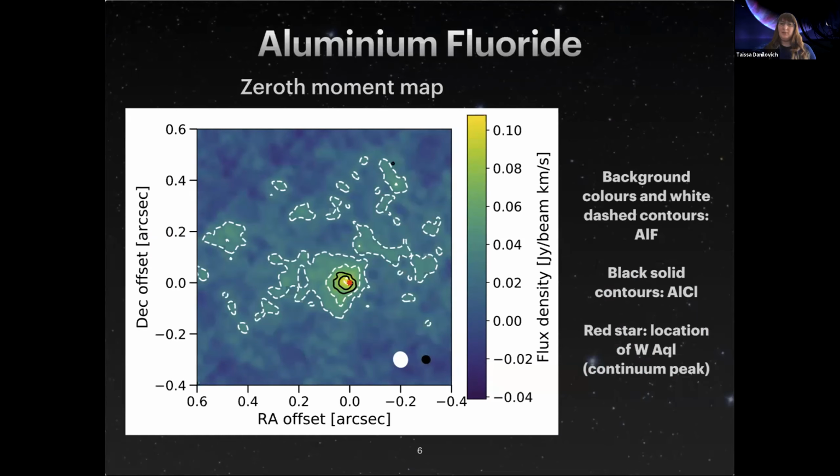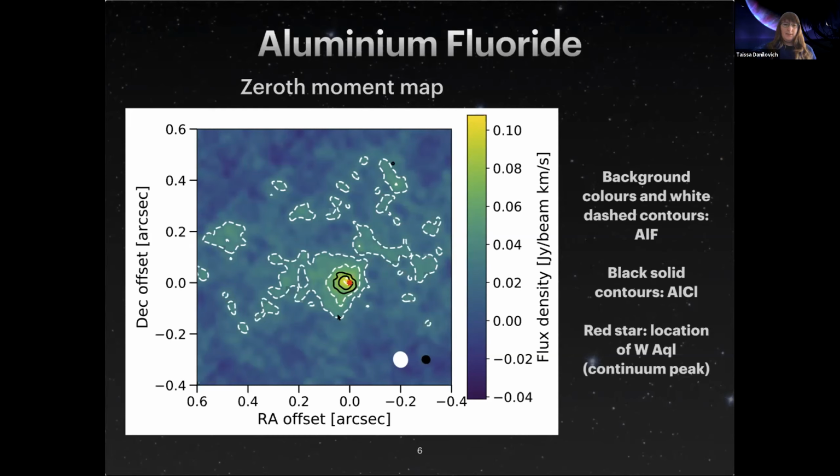So we see quite a clear detection in the center, but then when we sum the channels for the zeroth moment map, we see this more diffuse, also clumpy, perhaps a bit noisy emission, but it's off center even more dramatically than we saw for the AlCl. So the emission is biased mainly to the north for no clear reason. I mean, we don't really understand why this happens.